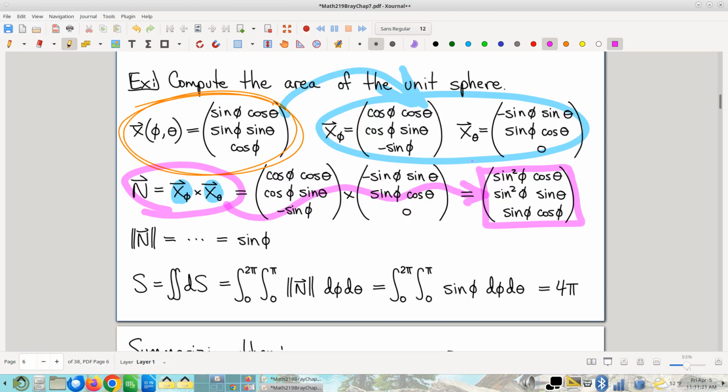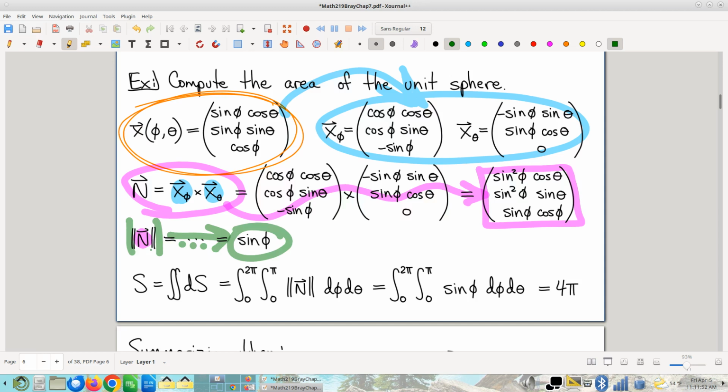And then lastly, we have to take the magnitude. The way we take a magnitude, of course, old news, y'all know how to compute magnitudes. But there's, again, a fair amount of algebra that goes into this. The Pythagorean identity is going to come up several times as you try to compute the magnitude of this big, super triggy kind of vector. And amazingly, the magnitude turns out to be just sine phi.